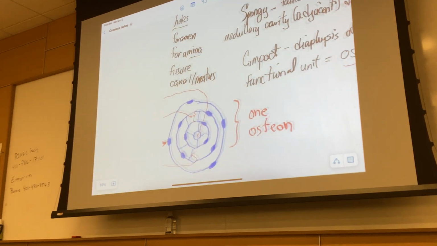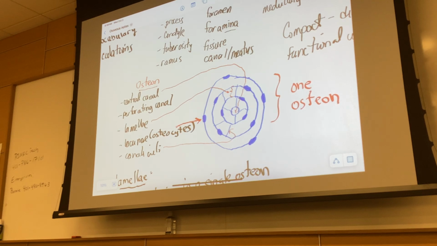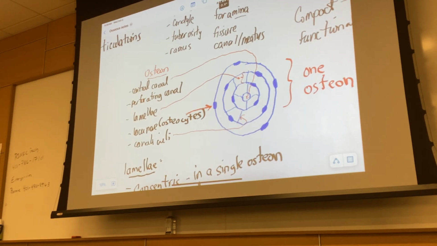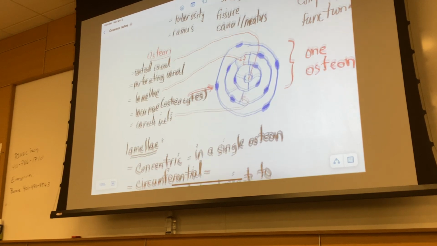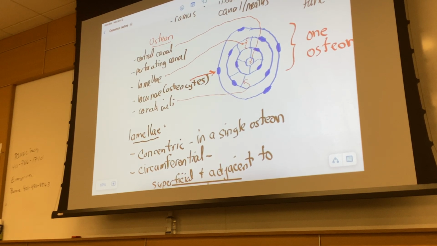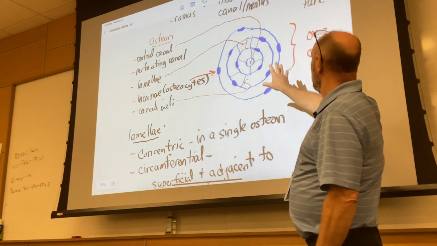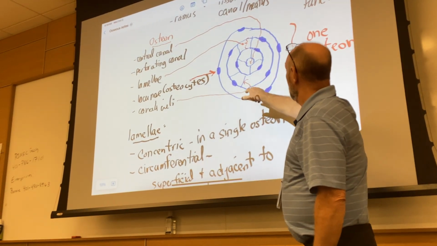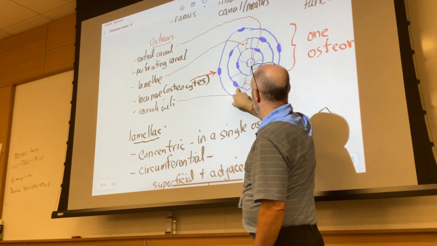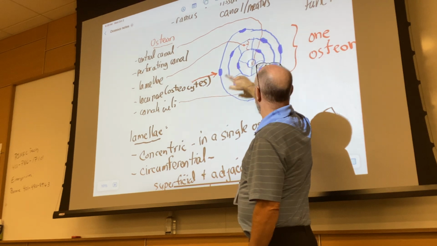Part of my intent in drawing was so that I gave you a vocabulary list, and then I could say, let's use the vocabulary. On the right-hand side, in blue, this is a target, and this is one osteon. There's 1, 2, 3 levels here, and it has a central hole right there.